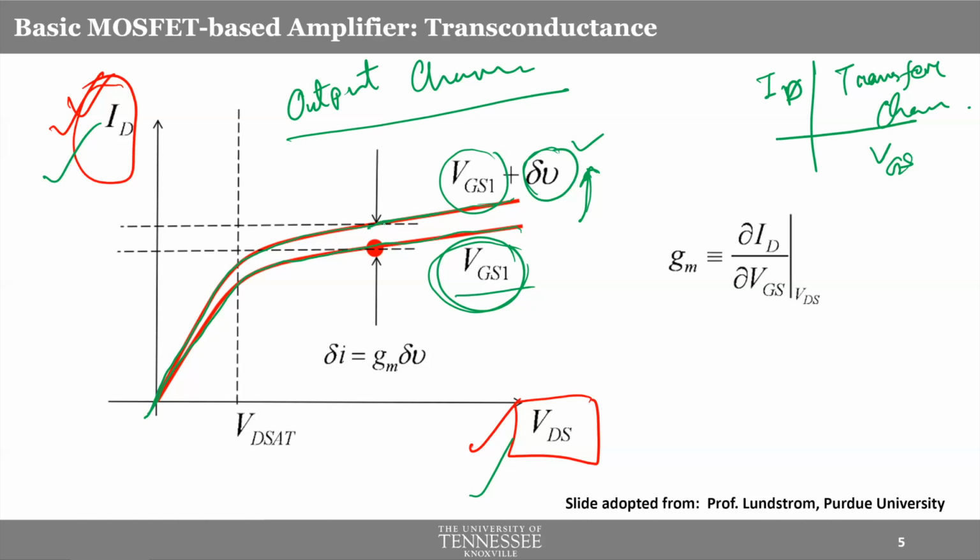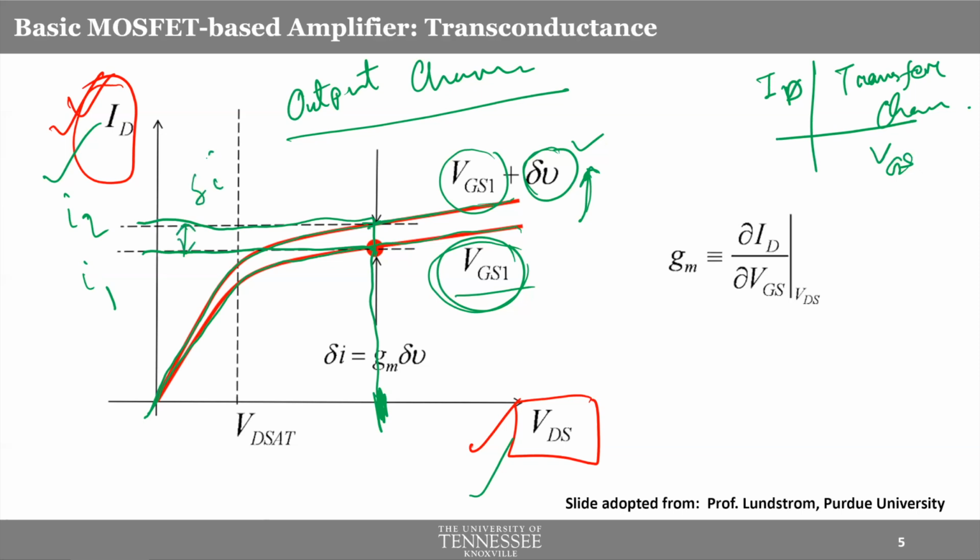Now, you can always measure for a given value of VDS. For that value of VDS, you can measure this current, say I1, and you can measure the next current, say I2, and you can take the difference, which will be nothing but delta I, the difference between I2 and I1.